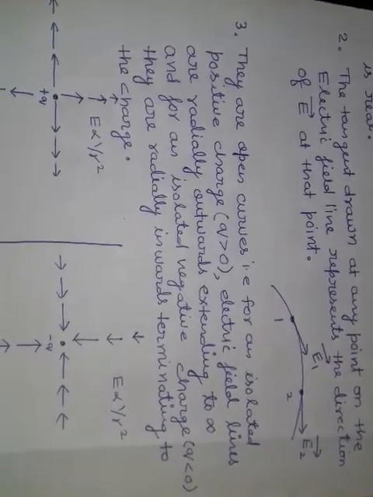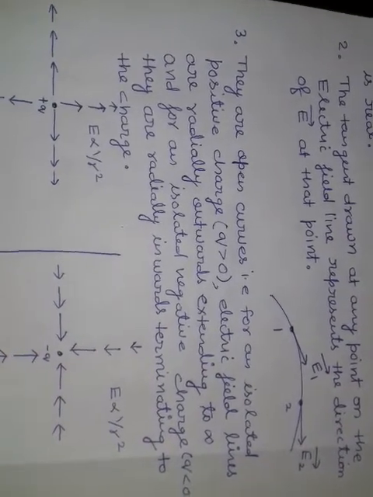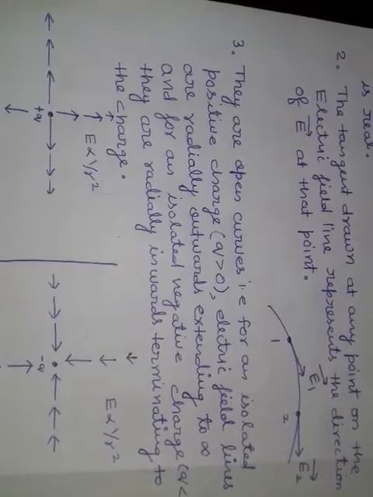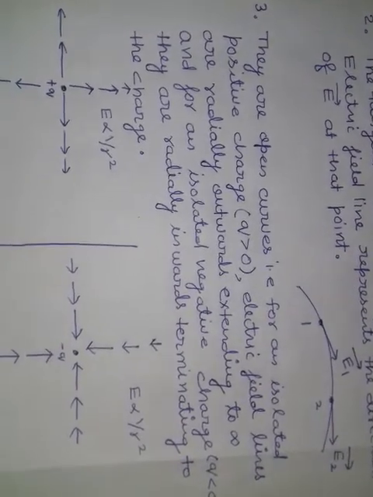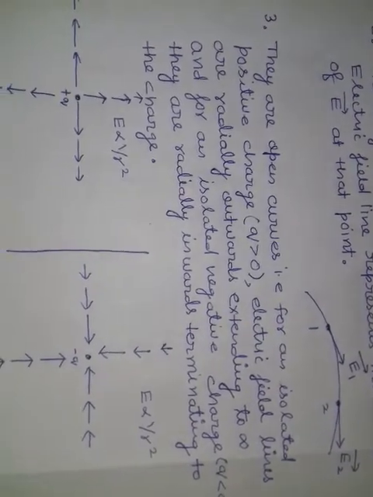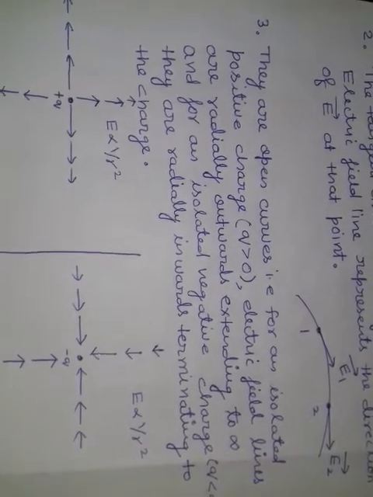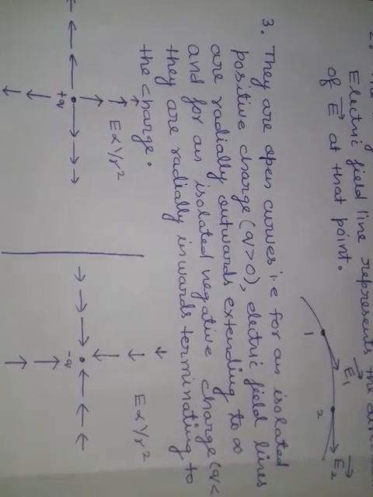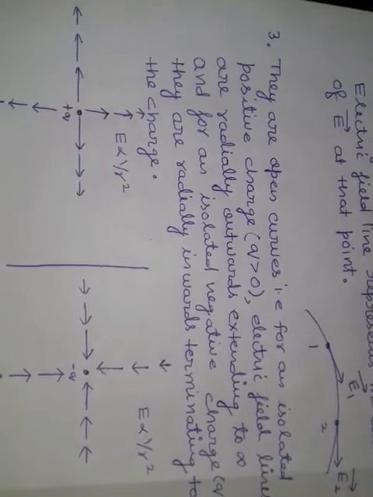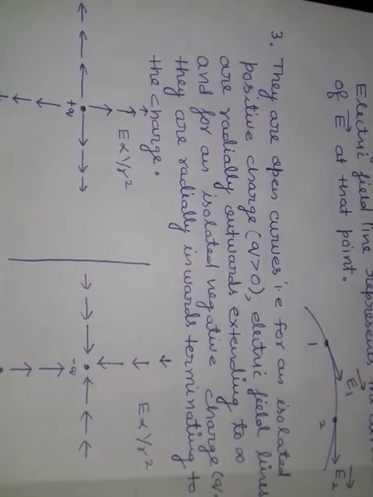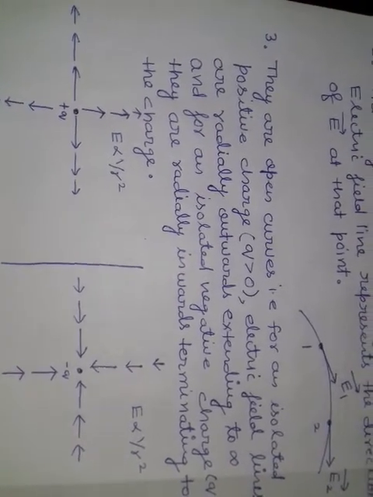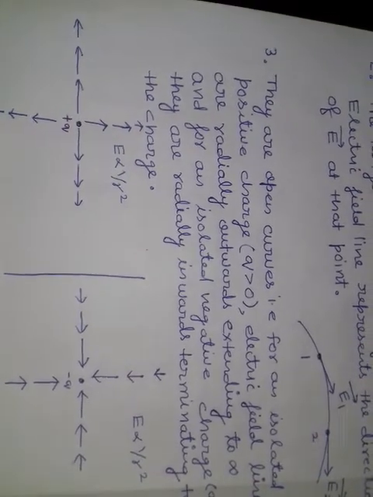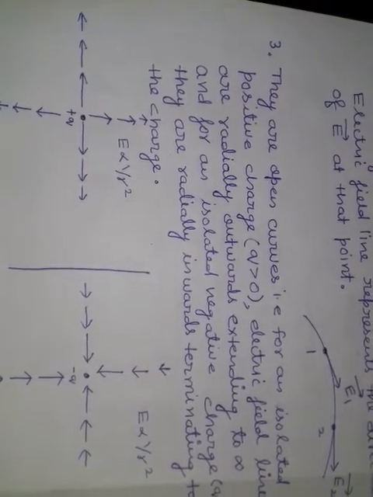Next, third property: they are open curves. It means for an isolated positive charge, Q greater than 0, electric field lines are radially outwards, extending to infinity, starting from the positive charge.